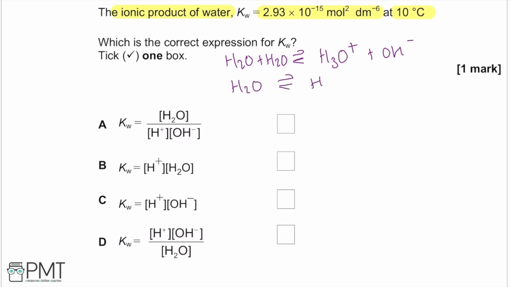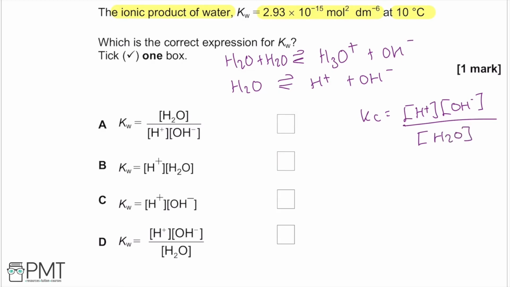If we apply our knowledge of equilibrium law using Kc, we will get Kc equals the concentration of H plus multiplied by the concentration of OH minus and then divided by the concentration of H2O. As water only dissociates by a small amount, the equilibrium lies over to the left.